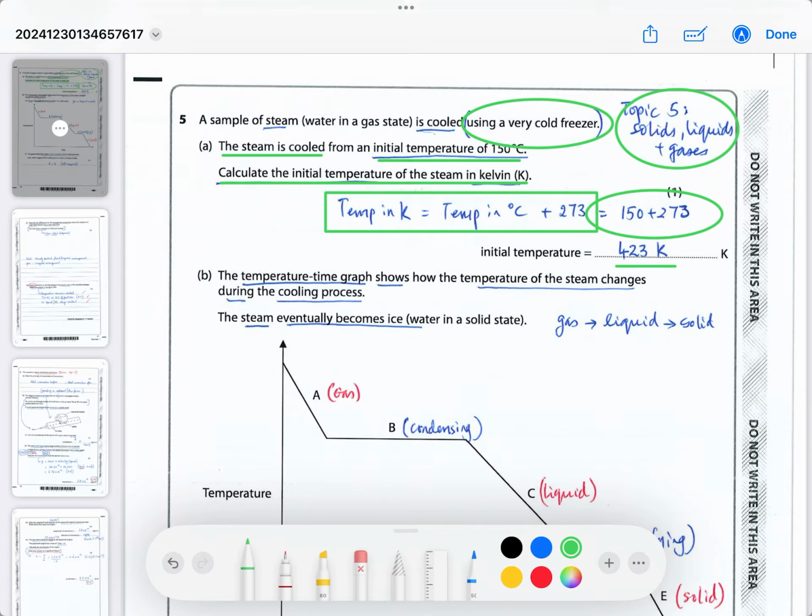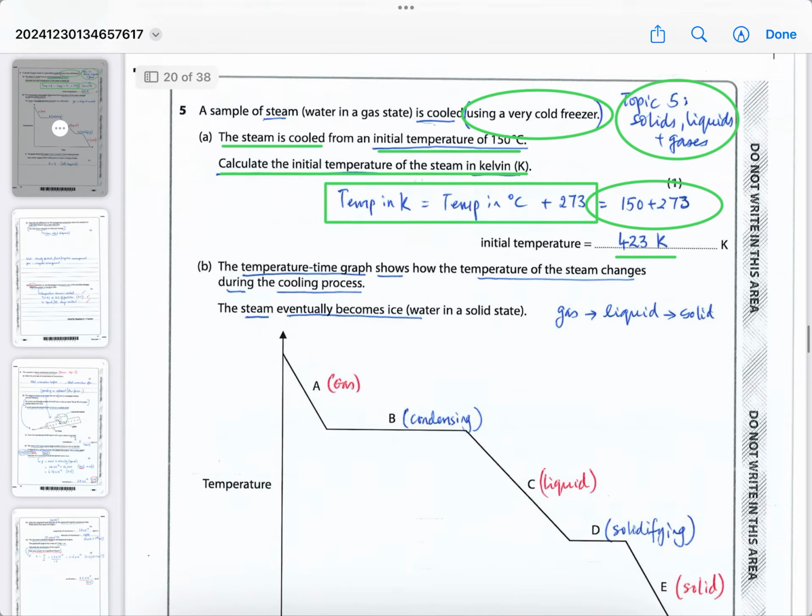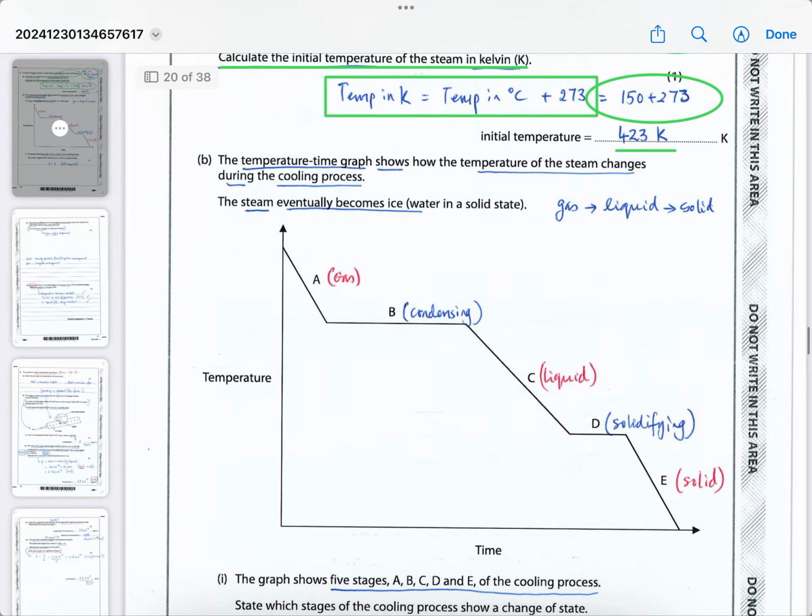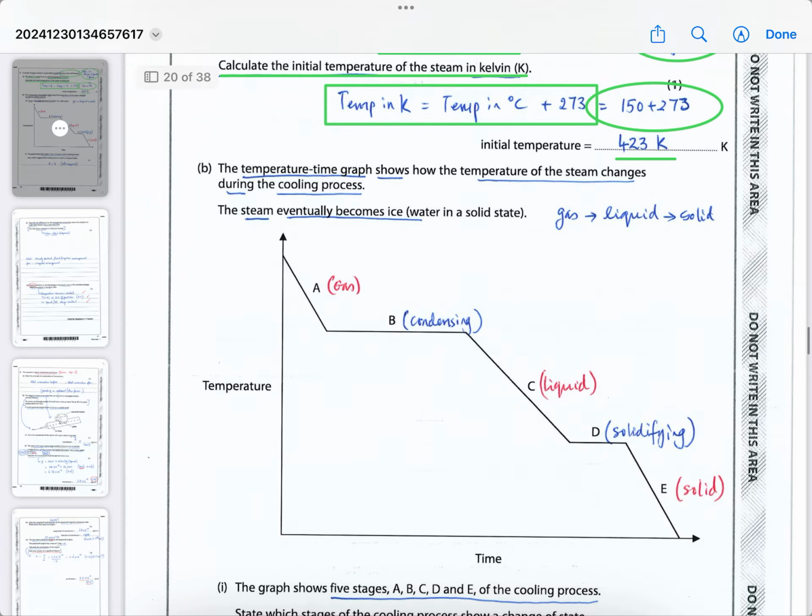Okay, then in part B, they've drawn a temperature-time graph, and it shows how the temperature of the steam changes from the beginning. The beginning of the time on the time axis is at the 0 point of time.